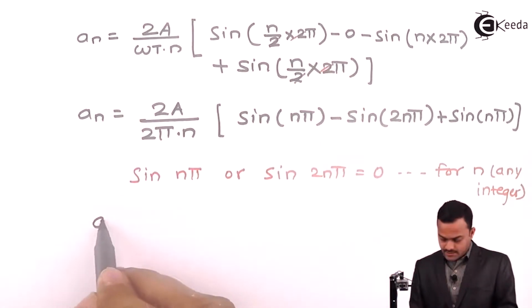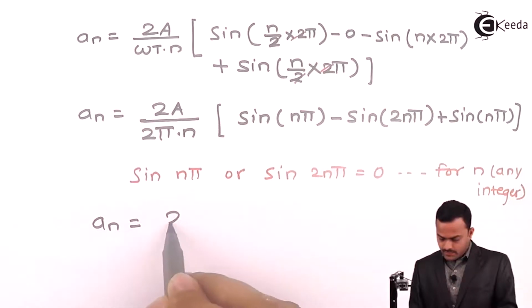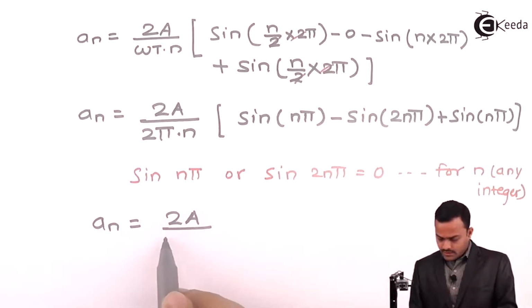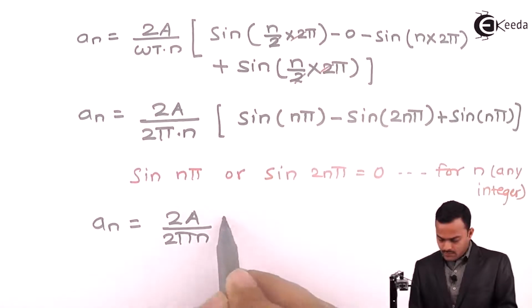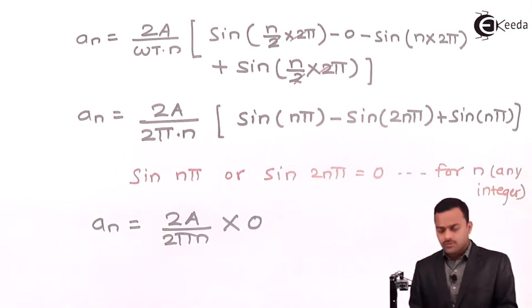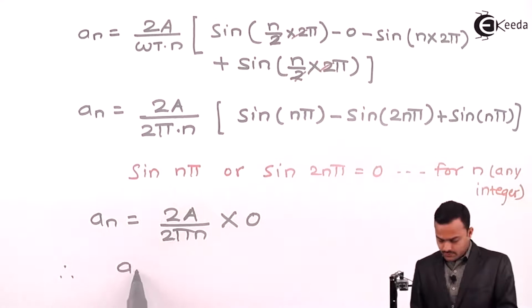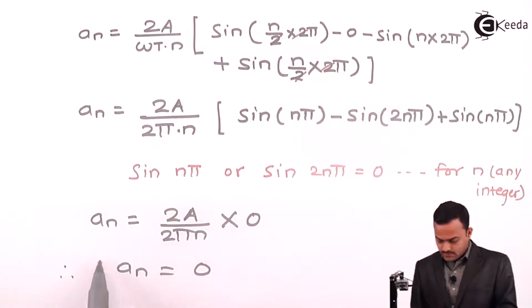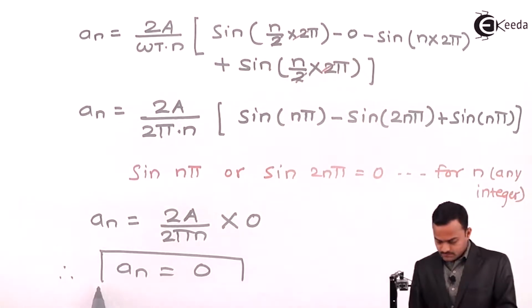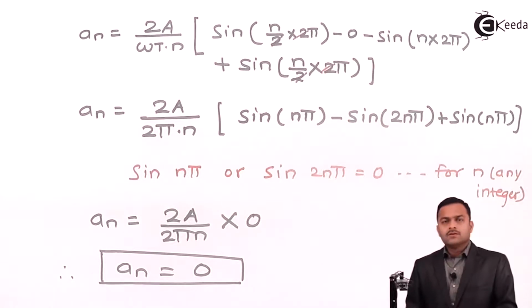So in the end I can say an will be 2A upon 2 pi n multiplied by 0. So an also we will get as 0. So we got a0 as 0, an also 0. Let's find out bn now.